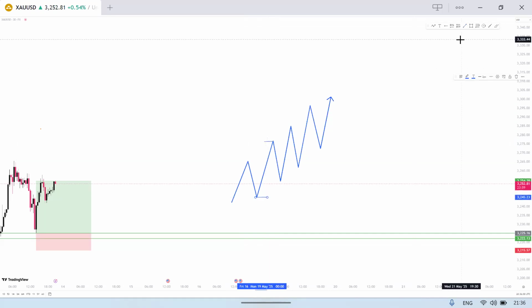Then we'll use our Fibonacci to mark the 50% of the swing because we have a break here. And after you have a break, what do you expect? Market should reverse after giving you liquidity around this place.